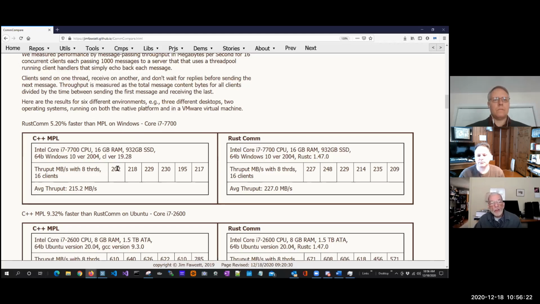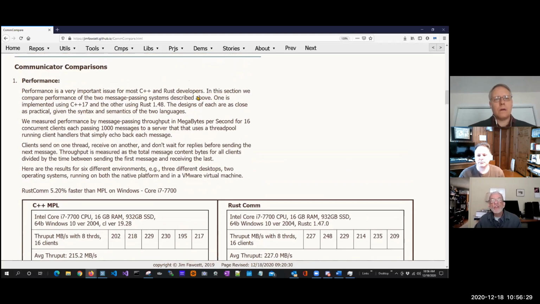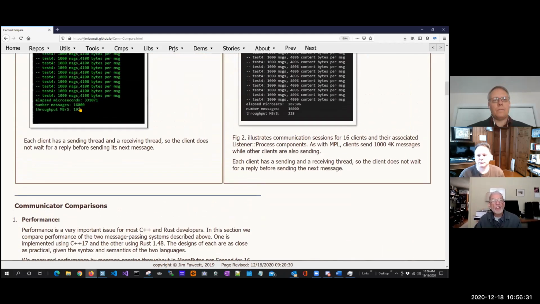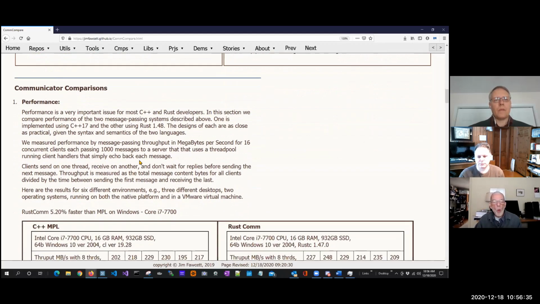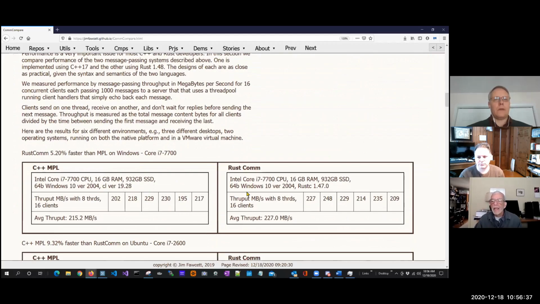Here are the sequences; we ran each of these sessions 6 times. That was run on a different machine, so the numbers are slightly different. But these are 6 different runs, and the average was 215 megabytes per second for MPL, and for Rustcom, the average was 227 megabytes. Very cool.